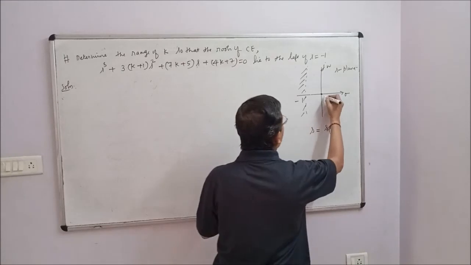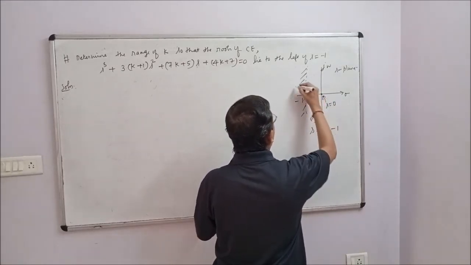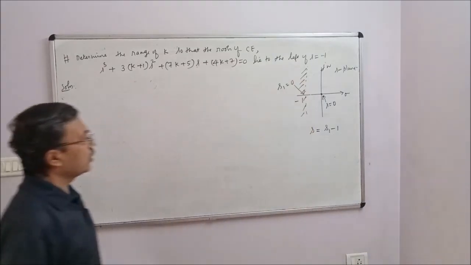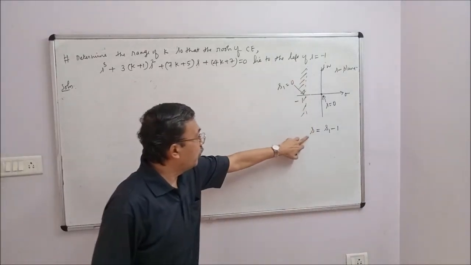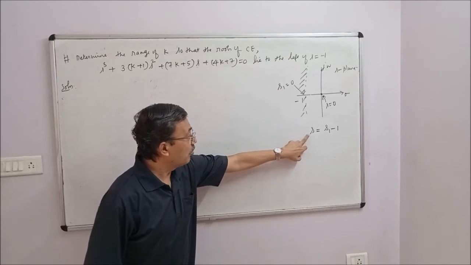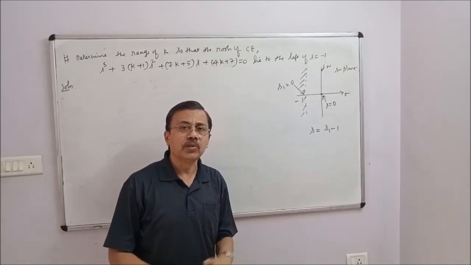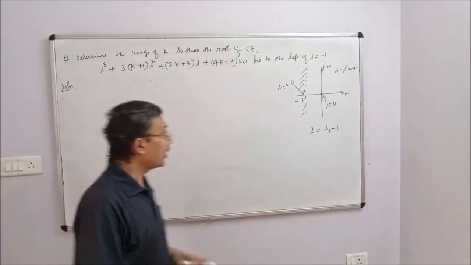Please note that this is the origin of the s plane. S is equal to 0 is same as s1 equal to 0. If you put s is equal to minus 1, you get minus 1 equal to s1 minus 1. That gives you s1 equal to 0.